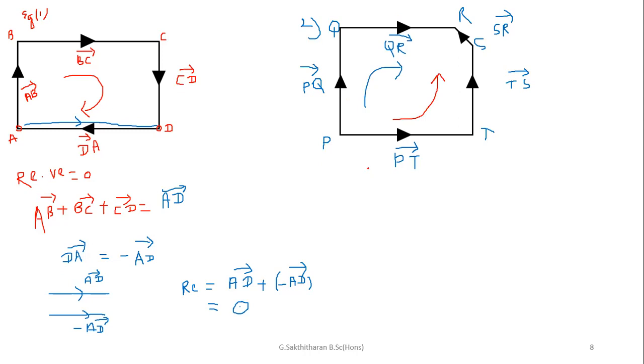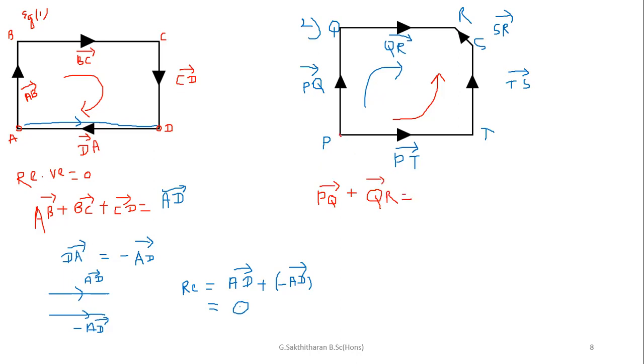So here, how to get the resultant vectors? First, we write the clockwise vectors. So addition of clockwise vectors, vector PQ plus vector QR give the resultant vector.